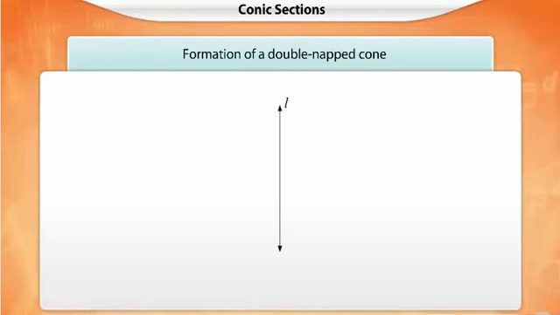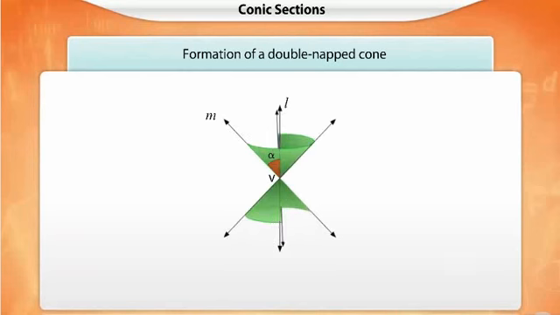Let L be a fixed vertical line and M be another line intersecting line L at a fixed point V such that the angle between them is alpha. Suppose we rotate line M around line L in such a way that the angle alpha remains constant, then the figure generated is a double-napped right circular hollow cone.